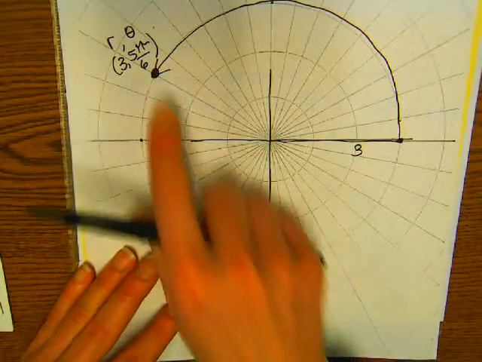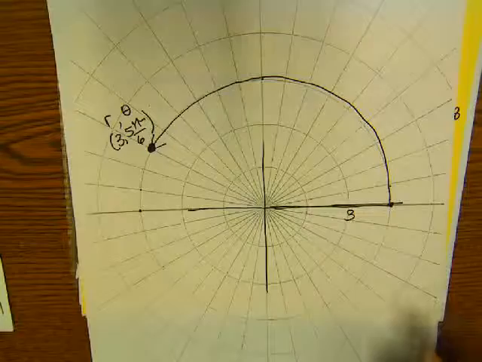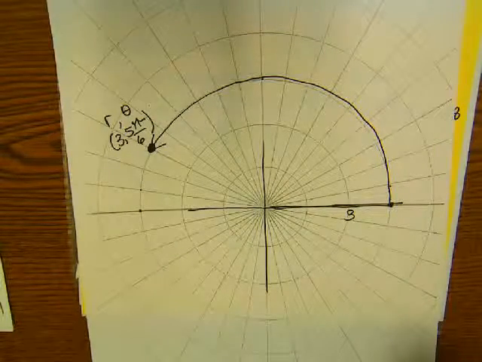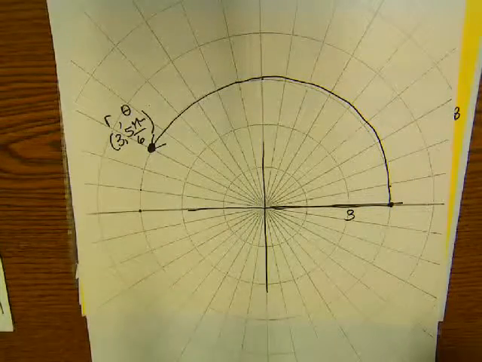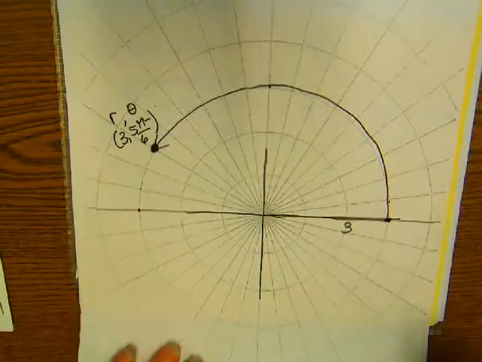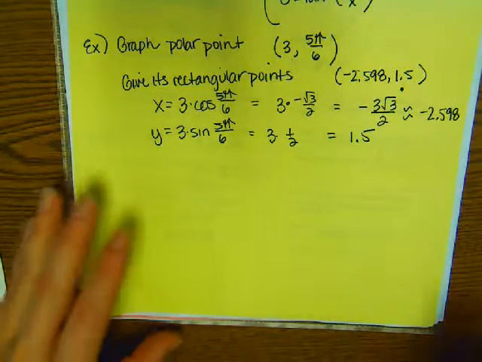So when we're doing polar mode, we're basing it on a circle. When we're doing rectangular mode, we're just basing it on the same old positive is right, negative is left, or up and down.